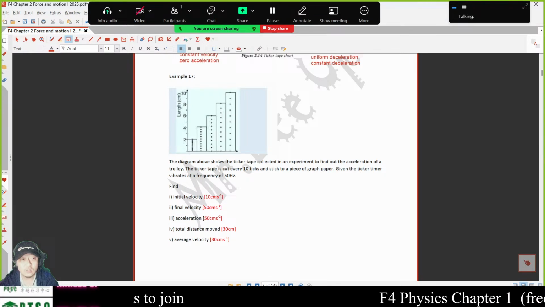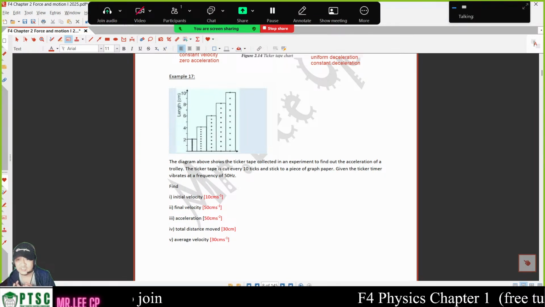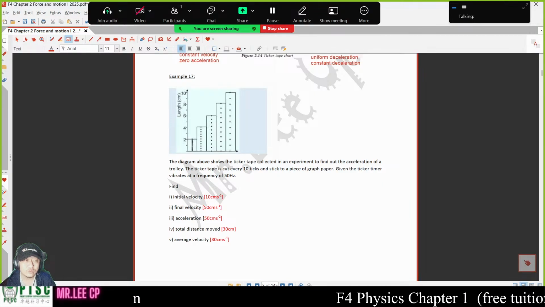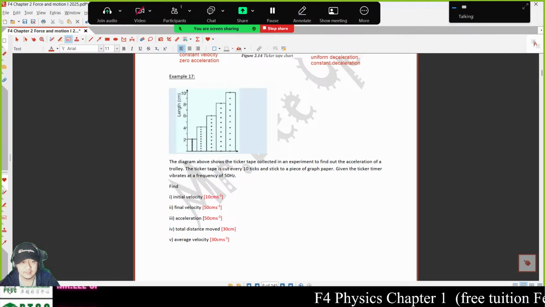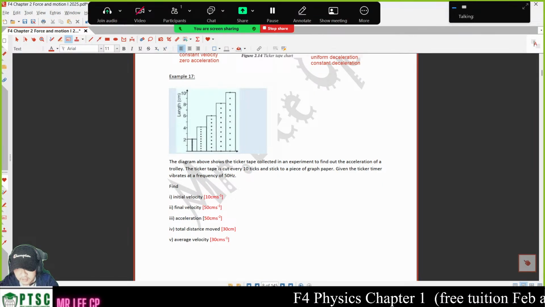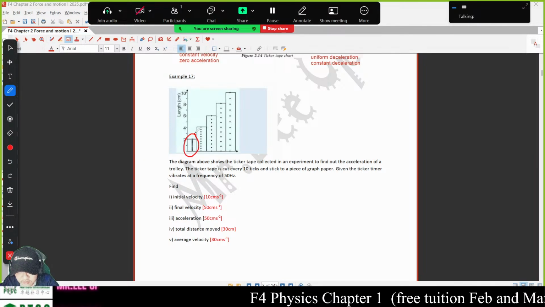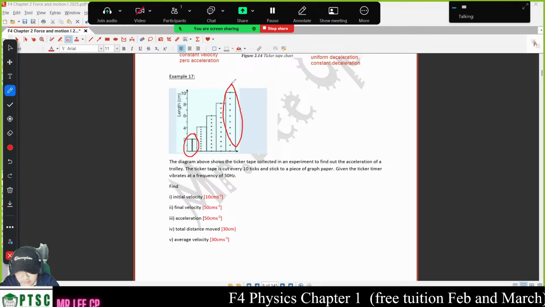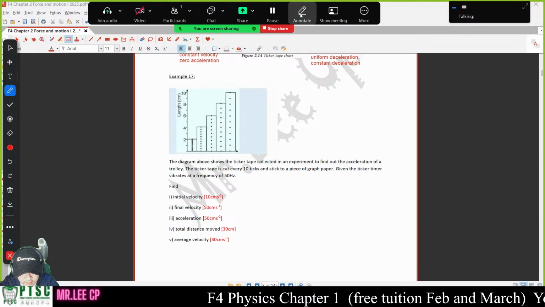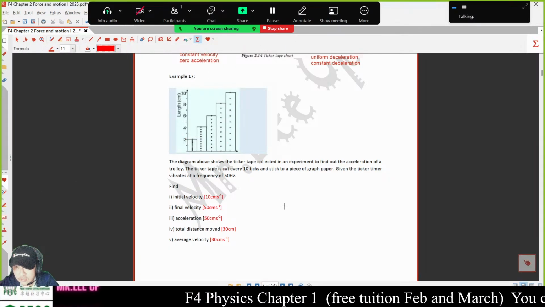If they don't tell you this is 50 Hertz, you also need to know it is 50 Hertz. So first, they ask you the initial velocity. Initial velocity is here. Final velocity is here. So we calculate the initial velocity first.